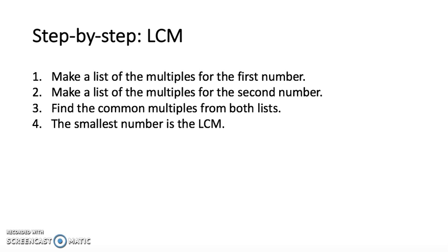Then we already know that 8 is going to be the lowest common multiple, because it's the smallest number in both lists, so your answer is going to be 8. That's the principle we're following here: we just have to know the smallest common multiple is the LCM.